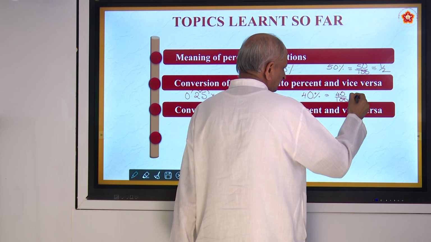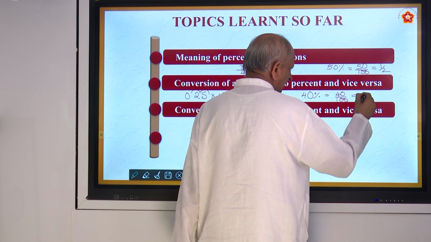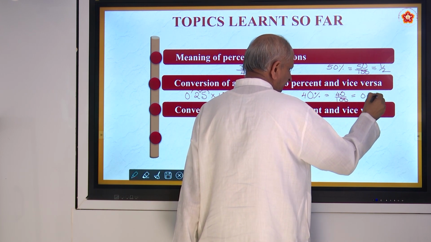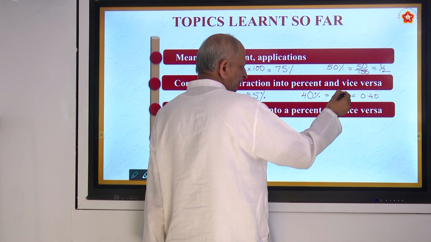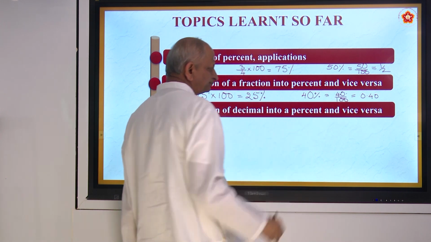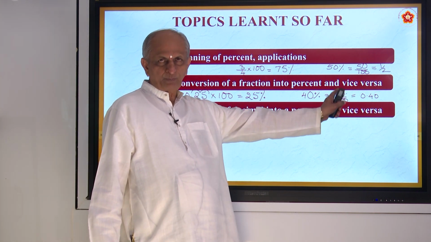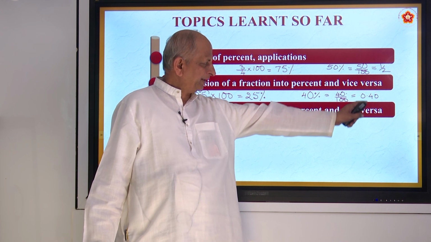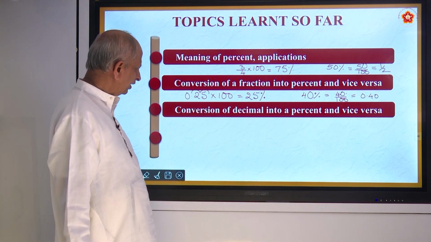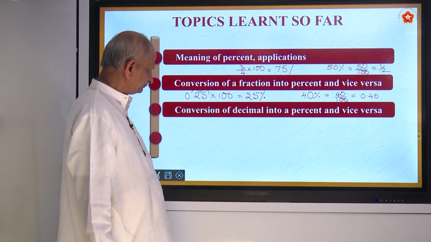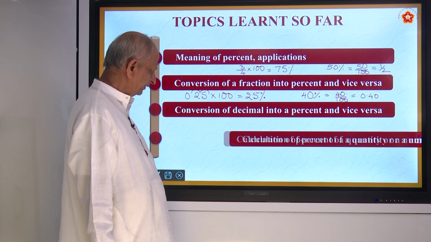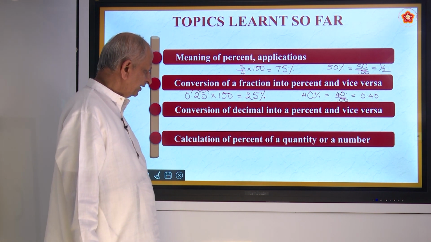That will be 40 by 100, that is 0.40. When you divide by 100, the point will move to the left. The point was here, two places left, that becomes 0.40, or shortly you can call it 0.4. That's what you have seen in the previous class.